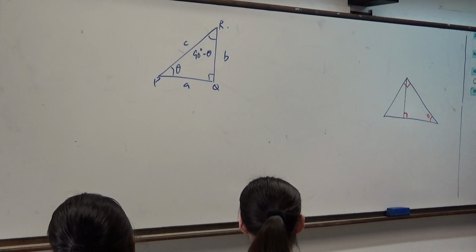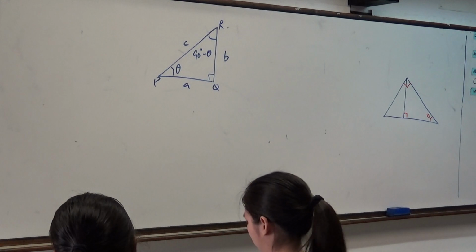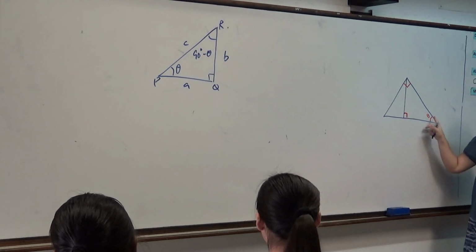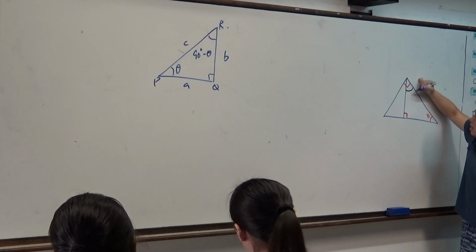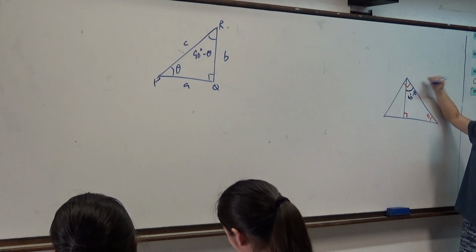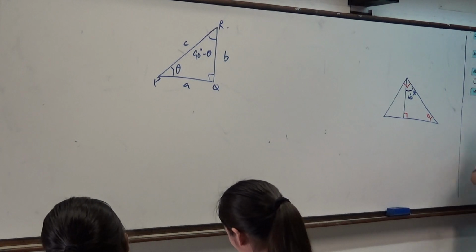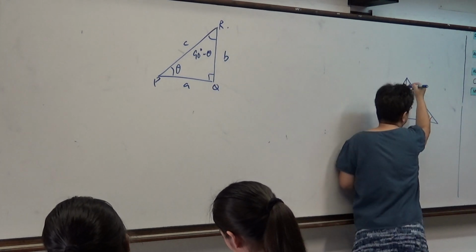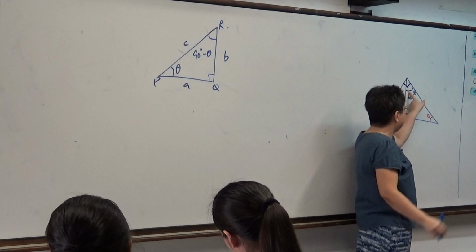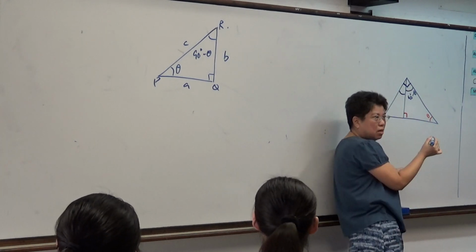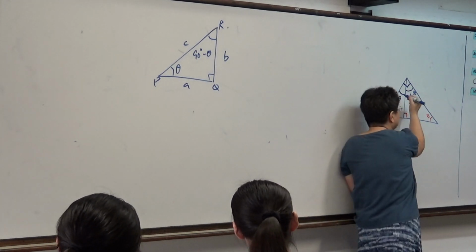Everybody listen, this is important. If this is 90, this is theta, do you agree that this is 90 minus theta? Is everyone clear? Now, this whole thing is 90. If this is 90 minus theta, can you tell me what this is? Do you agree this is theta?